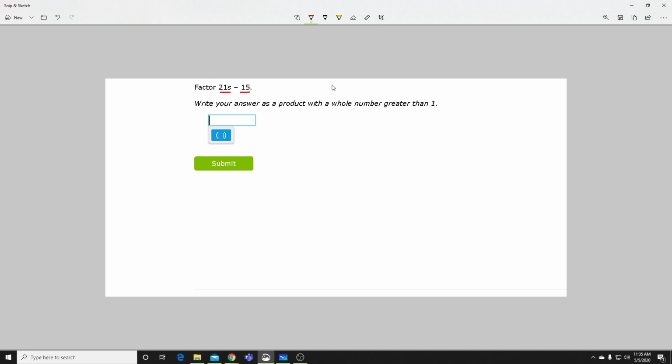So we're looking for the greatest common factor. And I want you to really read that because it tells you exactly what it is. It's the greatest, the biggest common factor.